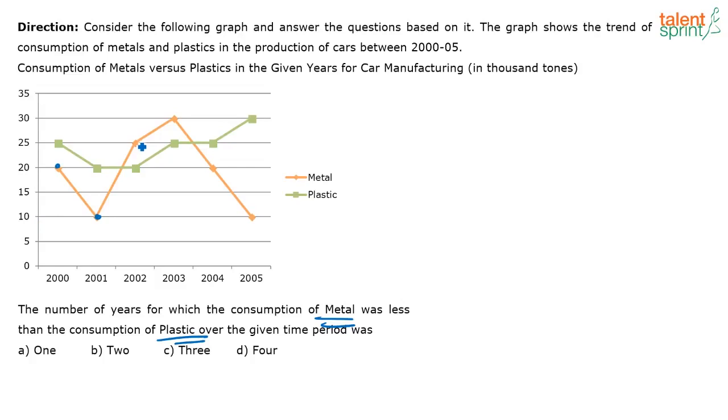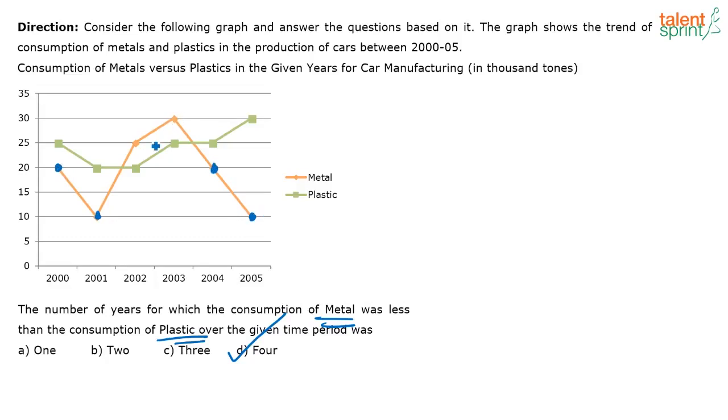Similarly, this year, no, it is not, because here consumption of metal is more than plastic. Come to this year, consumption of metal is less than plastic. Here also consumption of metal is less than plastic. So totally there are 4 years where the consumption of metal is less than plastic over the given period. So the answer that we are looking for is option D, that is 4. See, 1, 2, 3 and 4.